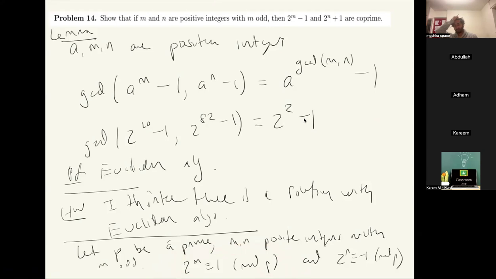Yes, the GCD of m and p minus 1 is such that 2 to that GCD is congruent to 1 mod p. But there's a more direct way of saying it, right? For which primes is it true that there's an odd number m so that 2 to the m is 1 mod p?